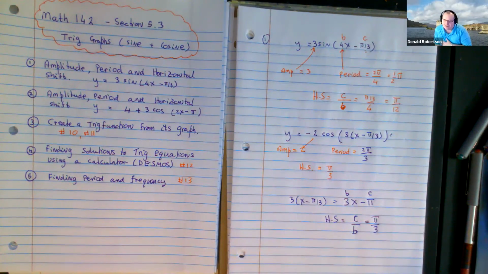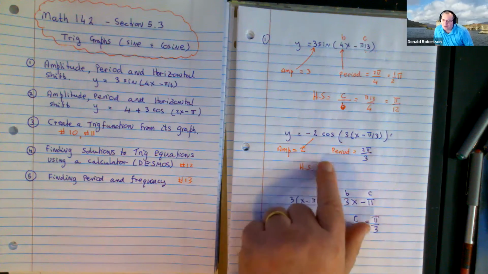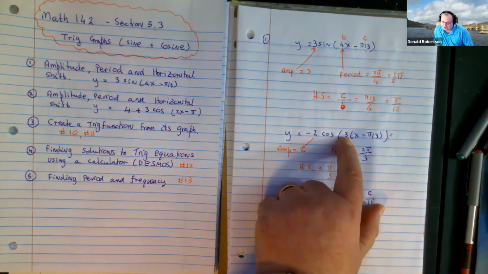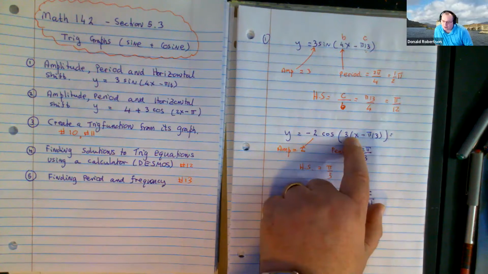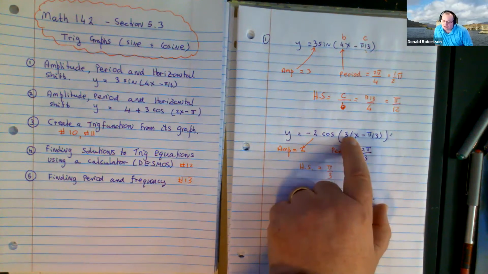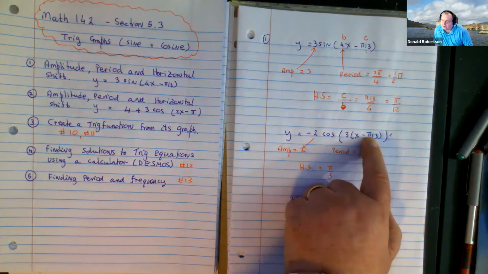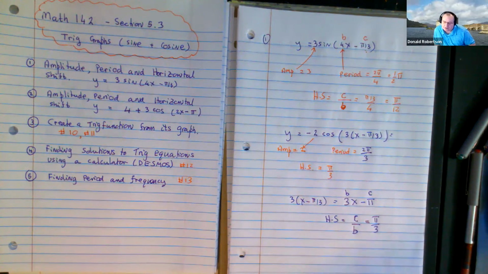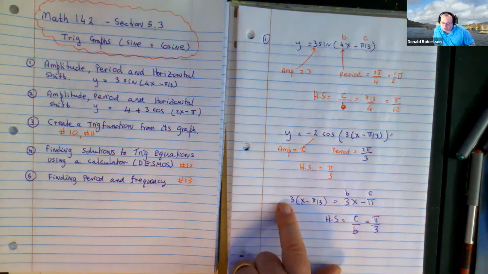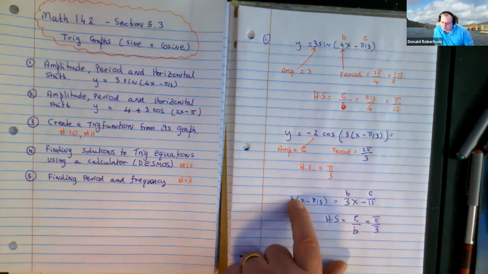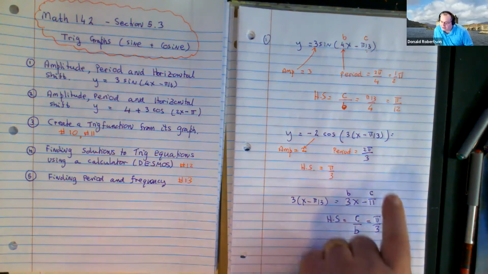I just think it's easier if you recognize that when they've already taken the factor out and left an x plus something or an x minus something, you can get the horizontal shift directly, so you don't even need to do a calculation. But if that's hard for you to see, just multiply it out and then use the formula. It's going to get you the right answer.